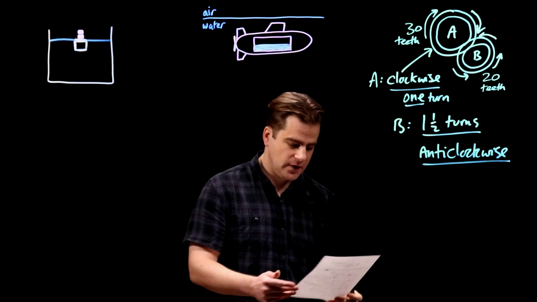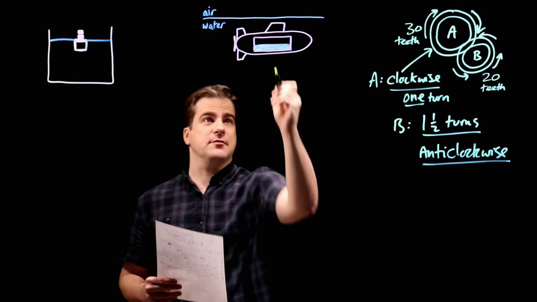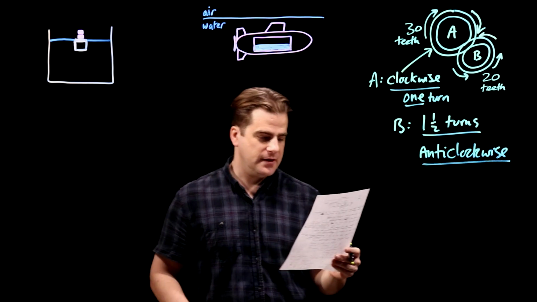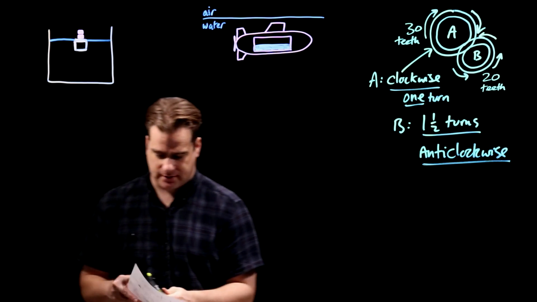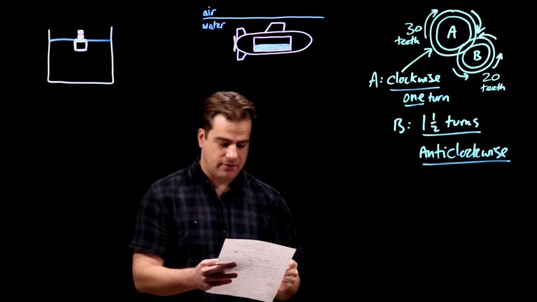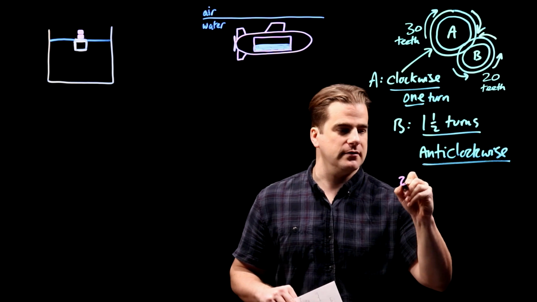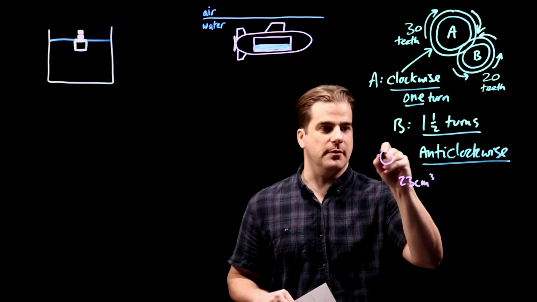Good. Now, a bubble escapes from this submarine. And we're told that its volume is 23 cm cubed. This is for some bubble.